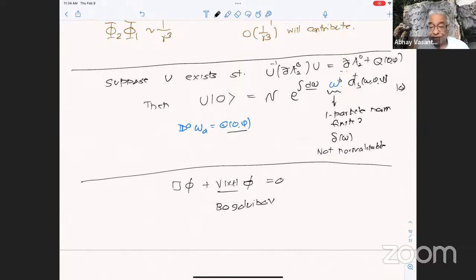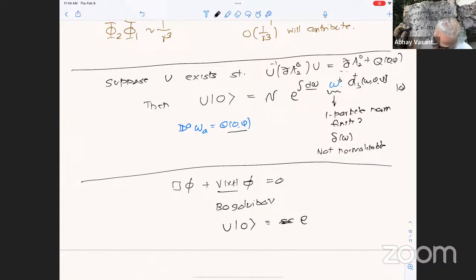For a finite number of degrees of freedom, it always exists, but for an infinite number of degrees of freedom, it doesn't always exist. Again, in this case, you assume there exists one, then the unitary transformation on this gives you a squeezed state.